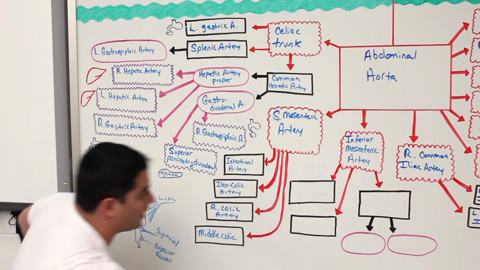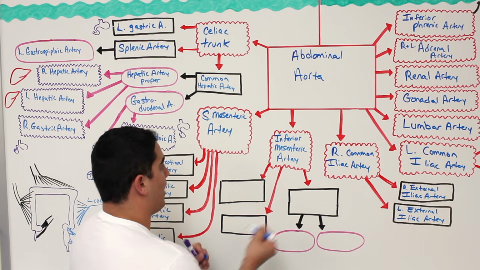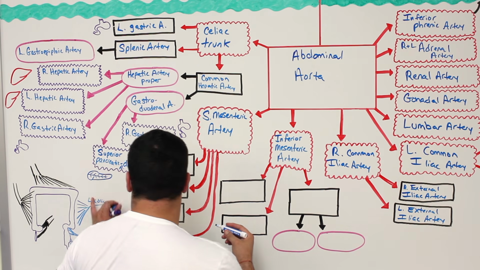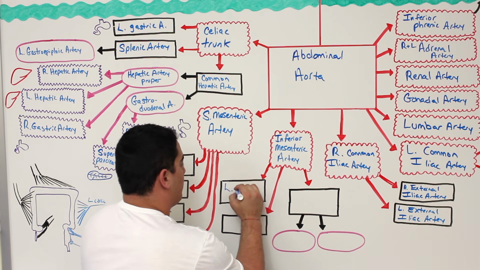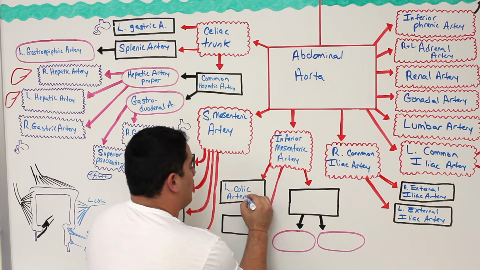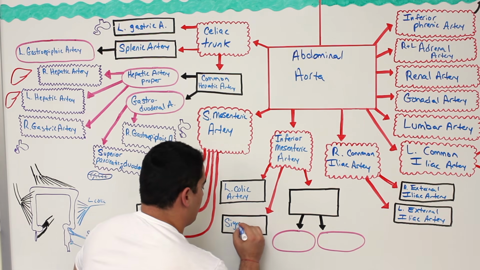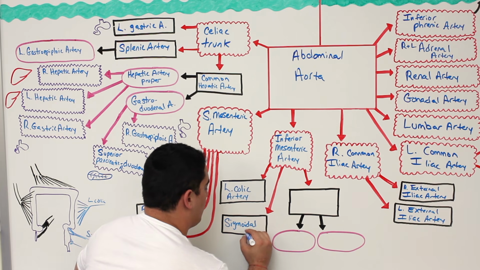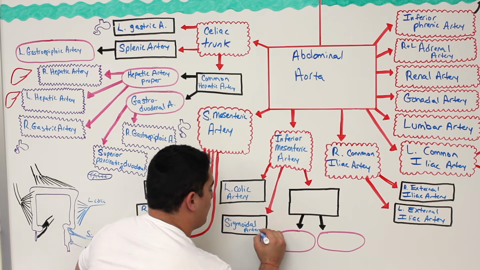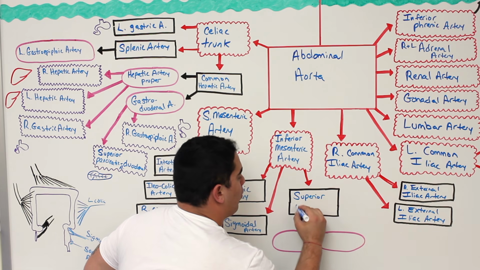All right, so let's write those over here. And we'll just recap them as we're writing them. So again, inferior mesenteric artery gives way to the left colic artery, gives way to the sigmoidal artery, and it gives way to the superior rectal artery.